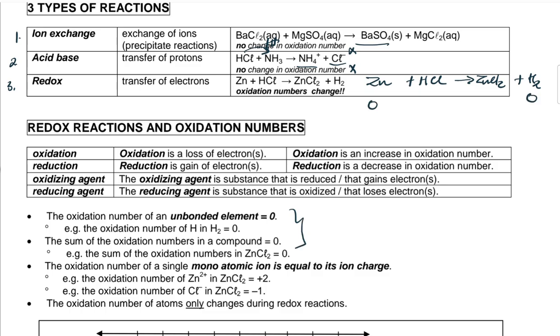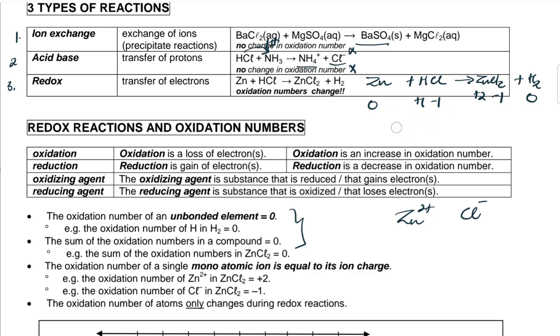We assign it to be equal to 0. So now the oxidation number for HCl, this is H+, this is Cl-, plus 1, negative 1. The Zn2+, the Cl-, the oxidation number is positive 2. This one is negative 1.